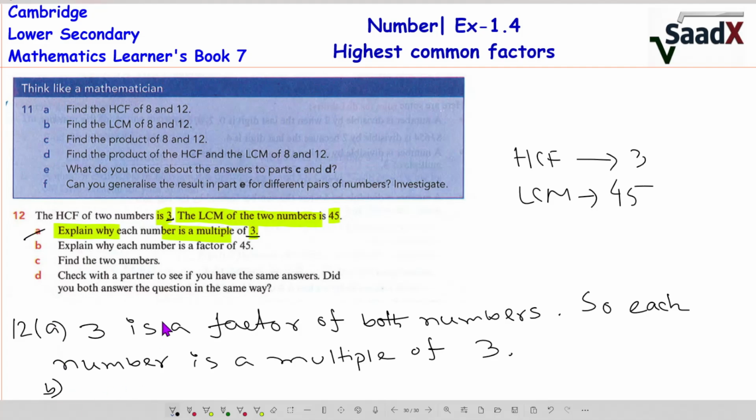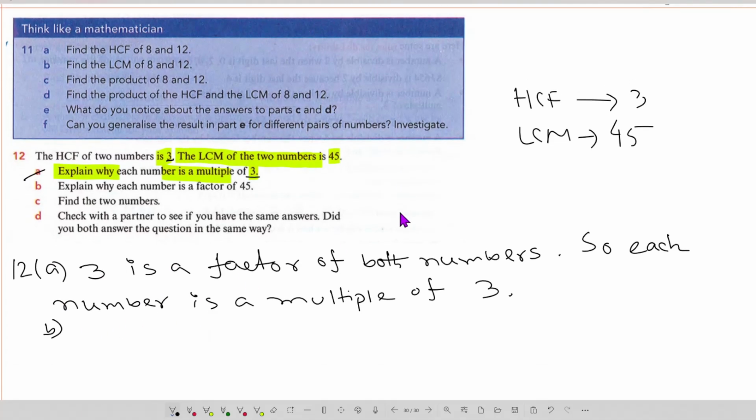Part B: explain why each number is a factor of 45. 45 is a multiple of both numbers, so each number is a factor of 45.